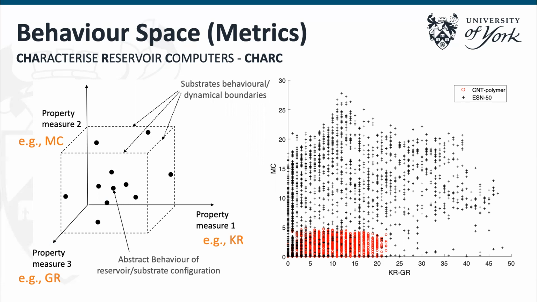And on the right-hand side, you can see now the difference between the carbon nanotube polymer that we've been using up to that point, and then the bigger areas, a simulation of an echo-state network with 50 nodes. And remember, the fill level tells you how good of a computer it is.